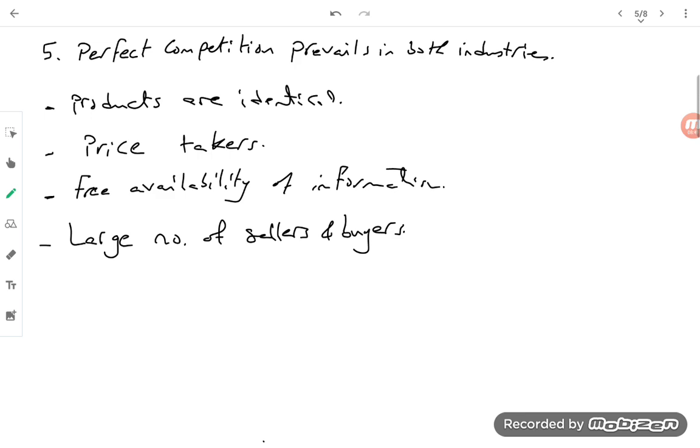In case of perfect competition, profit will be maximized when price equals marginal cost.